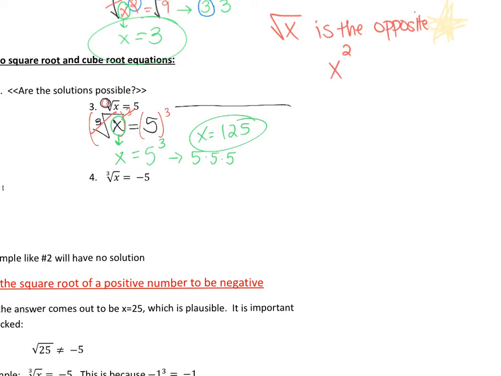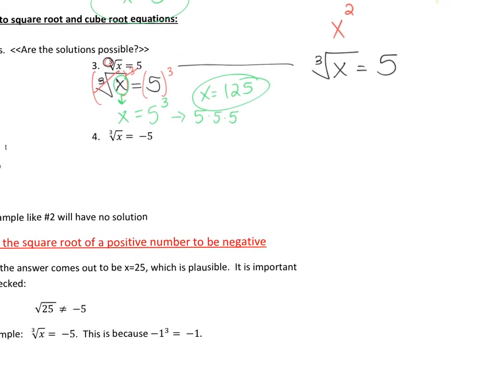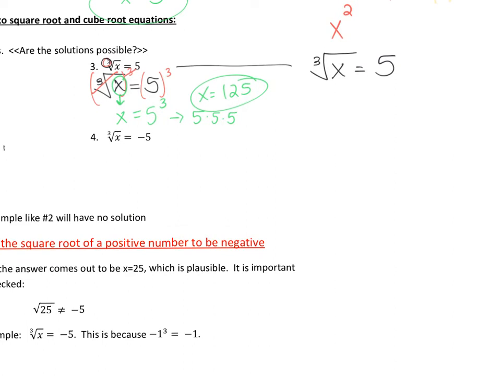So I'm going to start with my original problem, the cubed root of x equals 5. Now here, what I'm going to do is just plug in what I got for x. So I have the cube root of 125 equals 5.